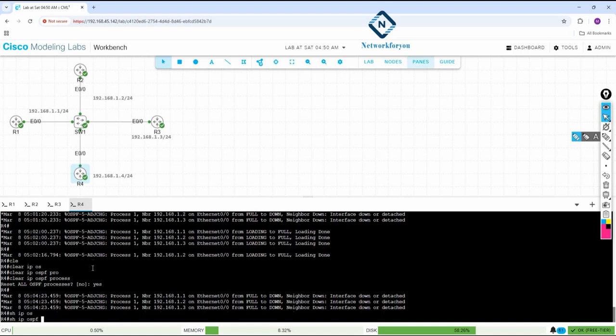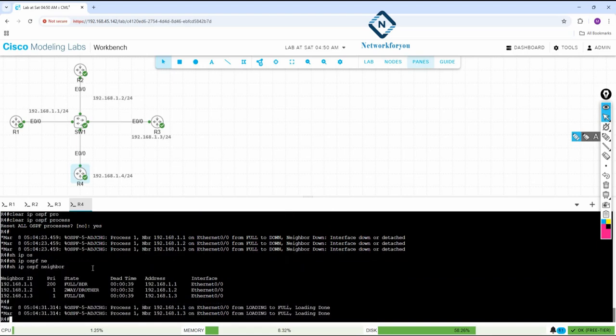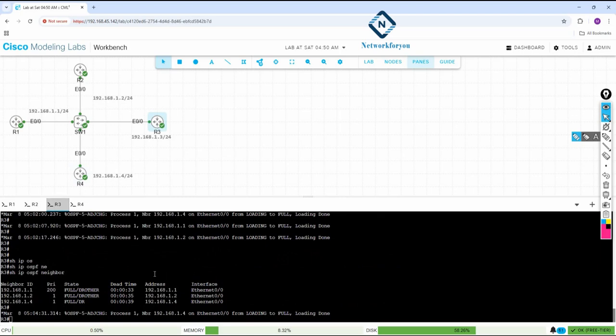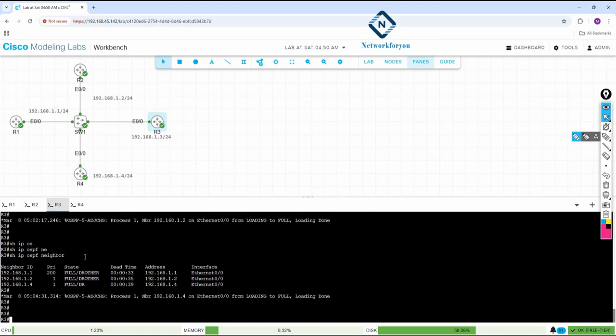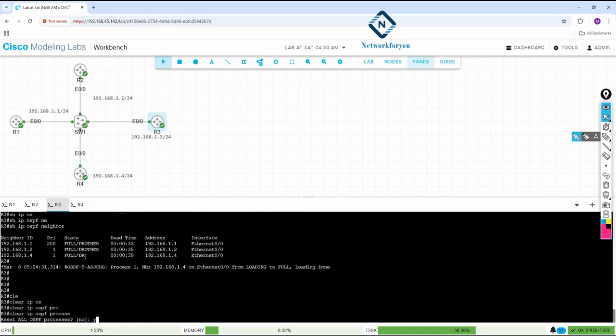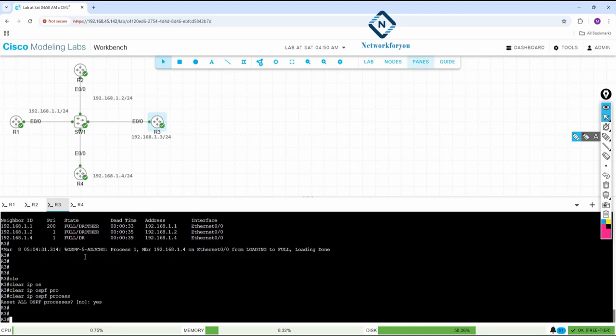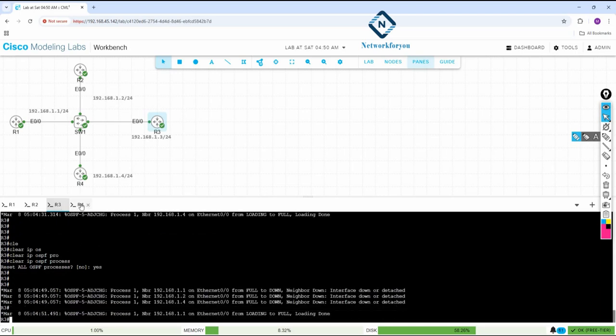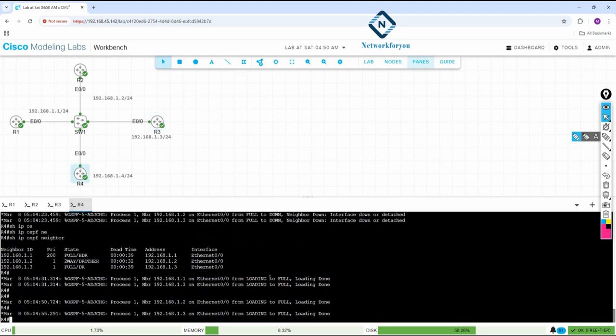Then we can see. I reset R4, and R3 I can reset too. It will take some time, we need to wait for some time. After that we can check.